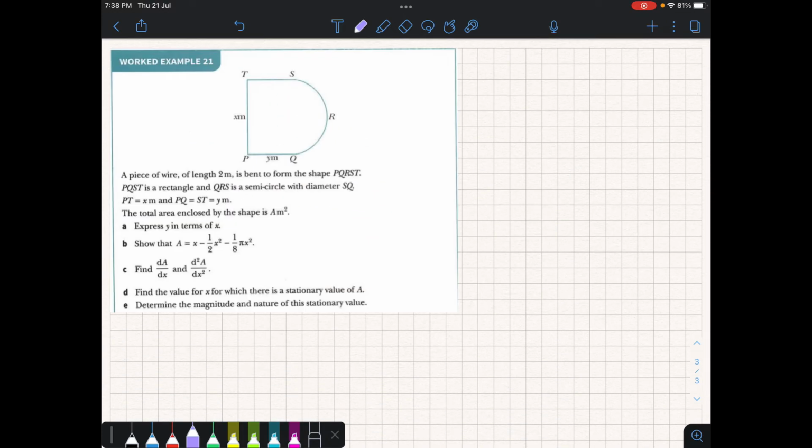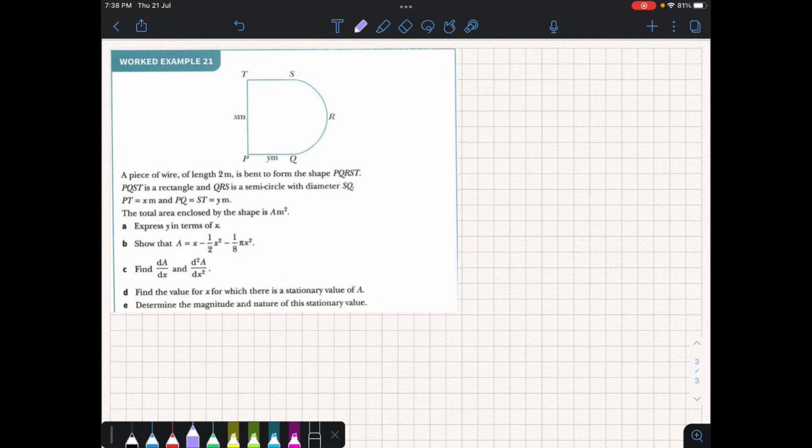Okay, in our next example, we are given a piece of wire that has a fixed length. It's bent into a specific shape, and we can vary what the length of x and the length of y are equal to.